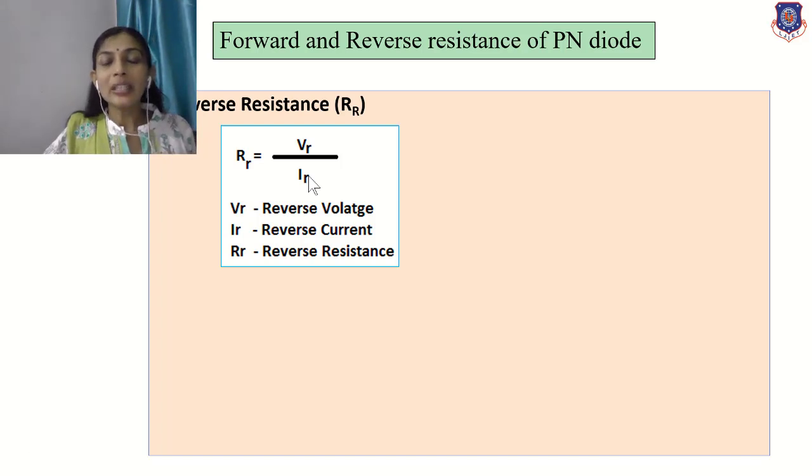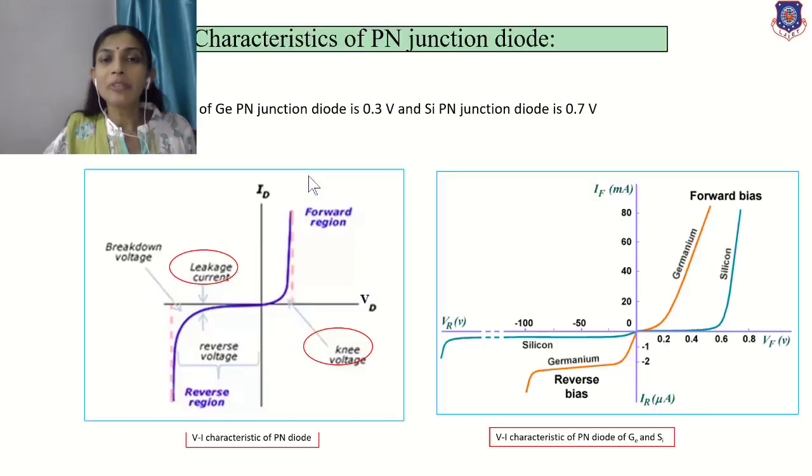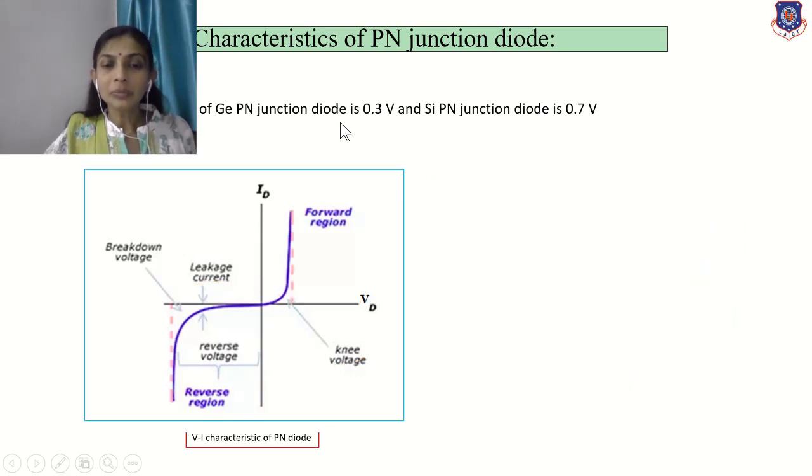Okay. So finally, from this topic, dear students, we have studied the main definitions of the VI characteristic of the PN junction diode, knee voltage. Again, I am repeating, knee voltage is that from which the diode starts to conduct and current increases, and leakage current will be due to the minority carriers, very small initially, in the third quadrant, meaning the reverse region.